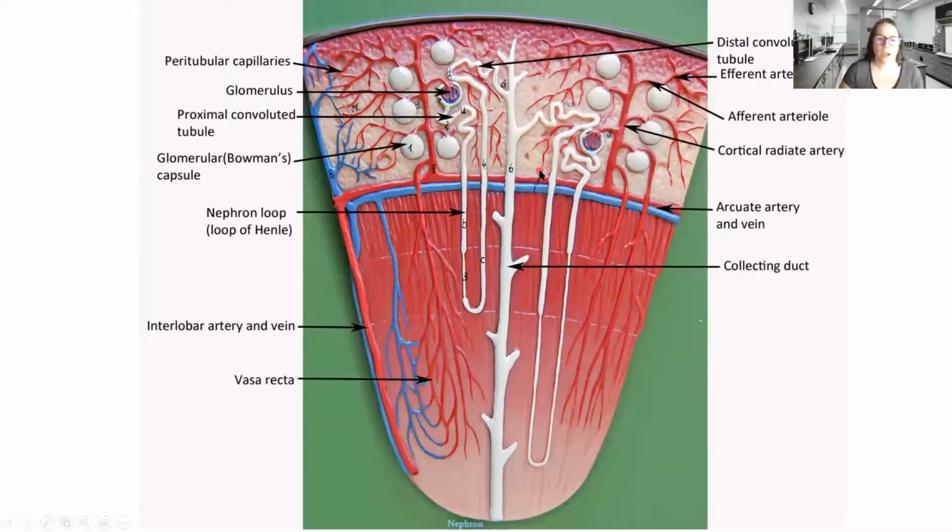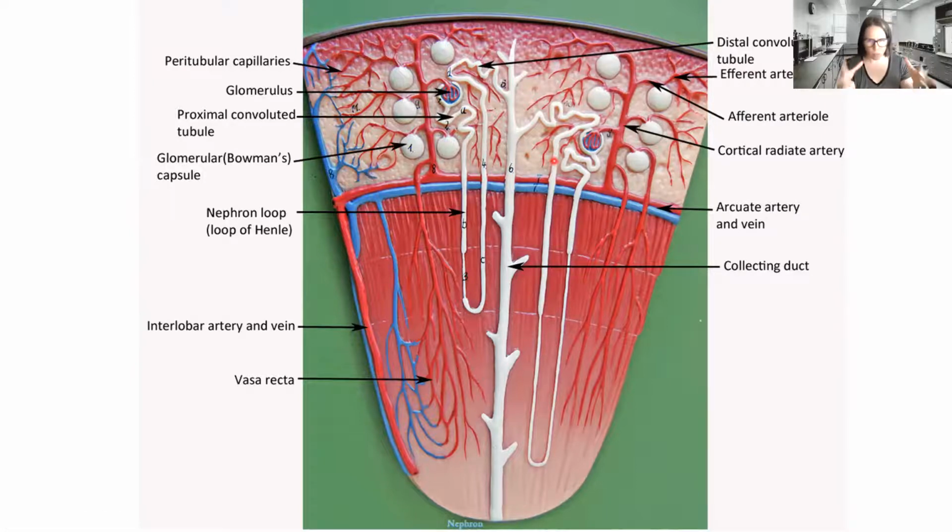So this is actually a zoomed in view of part of one of our models where you can see these multiple nephrons, right? So we have the renal corpuscle, which is where we have Bowman's capsule and the glomerulus together as one. You can see the different tubules and the different regions of the loop of Henle that then all connect to the collecting duct.